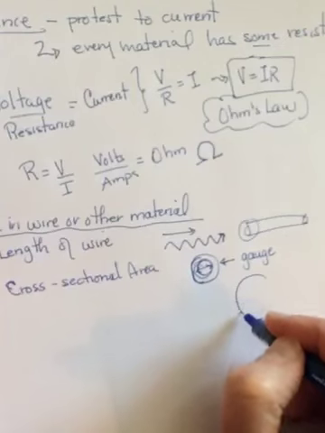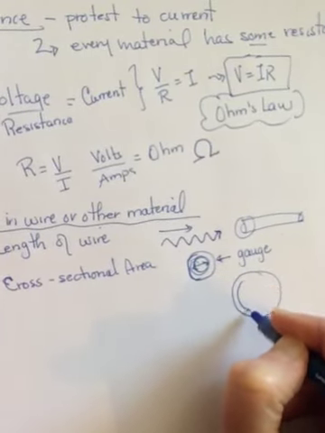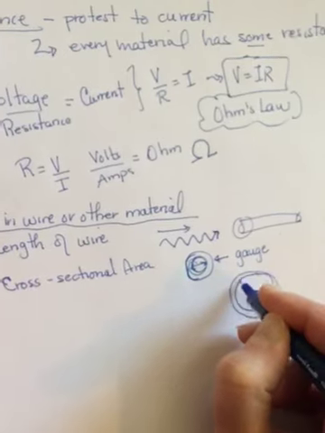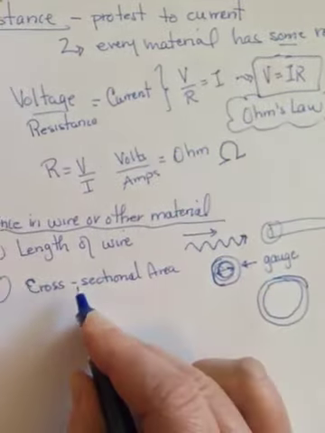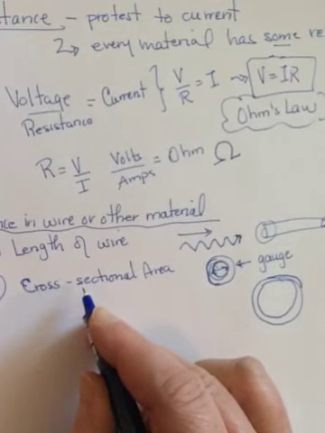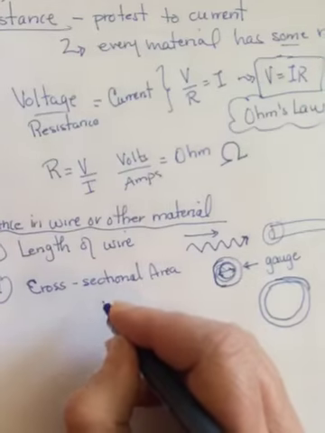The bigger the diameter, then the more the current can flow without rubbing as much, right? Just like the more water could flow through there. So the bigger the diameter, the smaller the resistance.